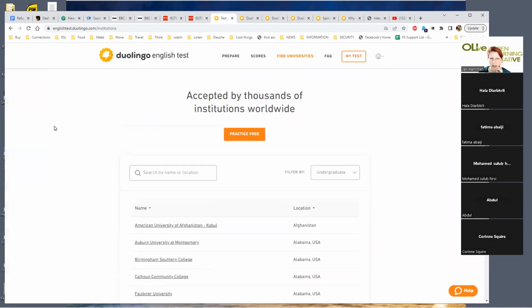Okay, so to my mind, you don't want to take either the IELTS or the Duolingo test until you are actually applying to university. In fact, best is to get a provisional place at university and then book the test, right? Because the test results are only valid for 2 years.